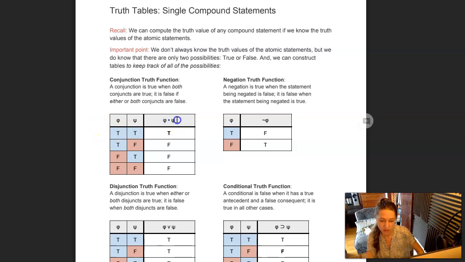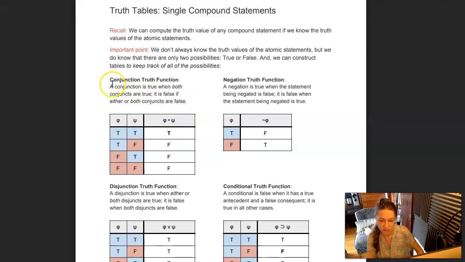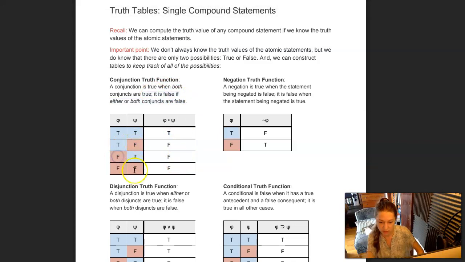Now I'm using Greek letters here to stand for any statement, not necessarily atomic, any statement, compound. If you've got a conjunction of two statements, what this table represents is this definition. So a conjunction is true when both conjuncts are true. So when both are true, the whole conjunction is true. And it's false if either or both are false. So these are the three possibilities where either or both are false and the conjunction is false.